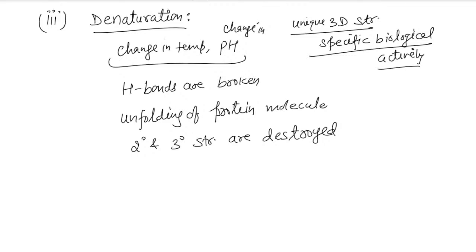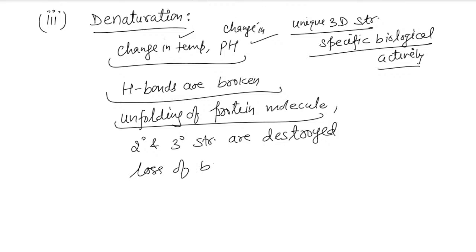So when there is a change in temperature or change in pH, what happens? Hydrogen bonds are broken. Then there is unfolding of protein molecules, or we can say coiled structures are uncoiled. Globular proteins are converted into fibrous proteins, and there is a loss of biological activity, and that is called denaturation of protein.